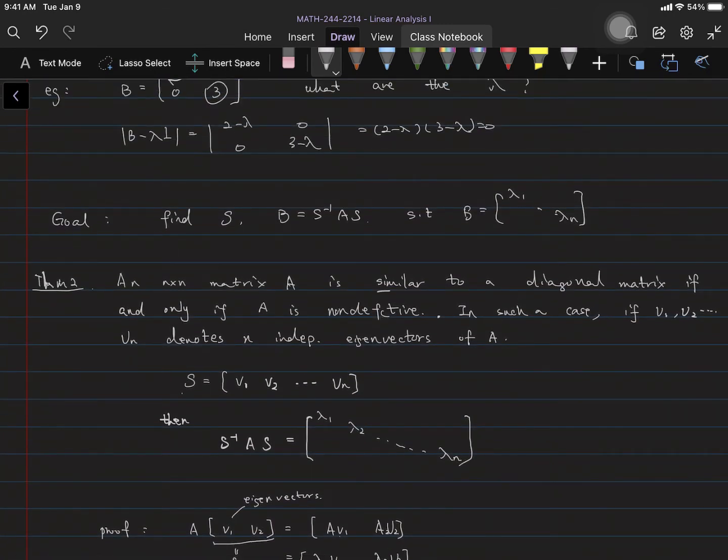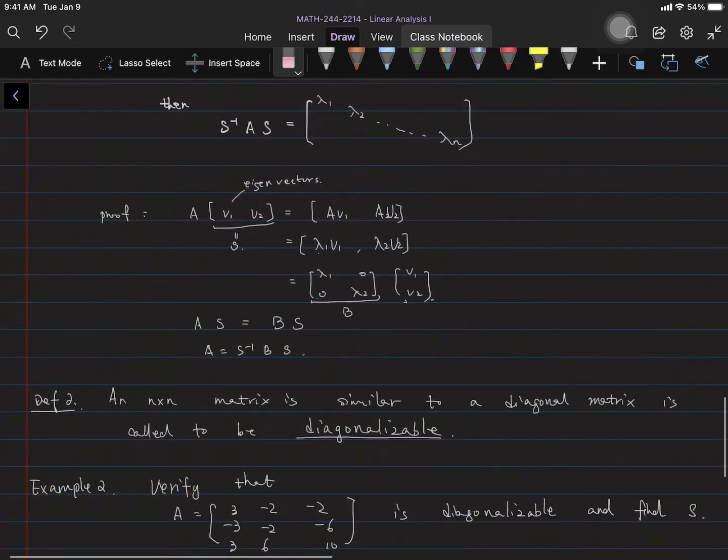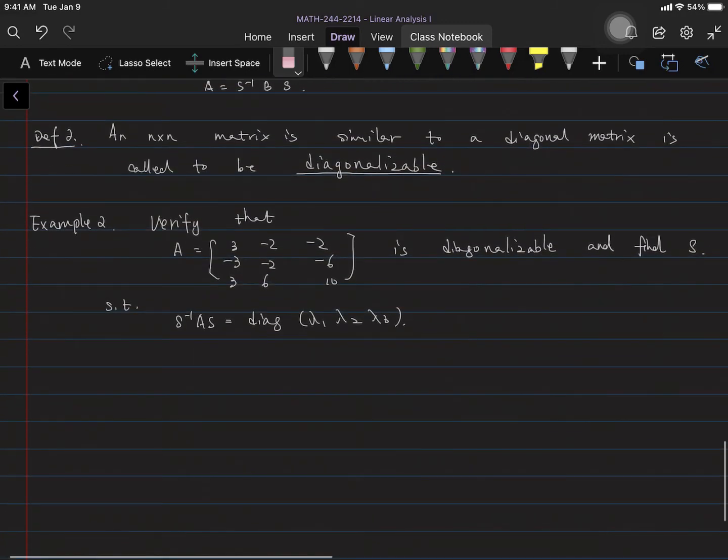It's similar to a diagonal matrix if and only if it's non-defective. If it's non-defective, then it's diagonalizable because it's similar to a diagonal matrix, right? That means such a matrix S can exist. So we just want to see if the matrix A is defective or non-defective.